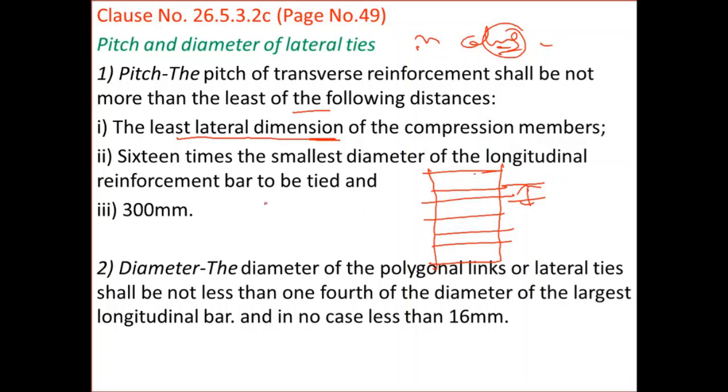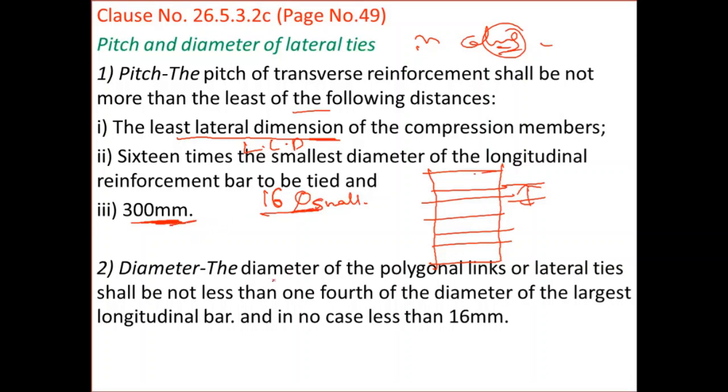First one is the least lateral dimension. Second one is 16 times the smaller bar diameter, and third one is 300 mm. So whatever the pitch we provide, that should not exceed the least lateral dimension, or 16 times the smaller bar diameter, or 300 mm.